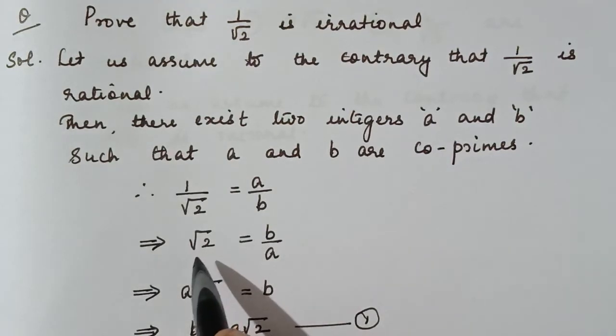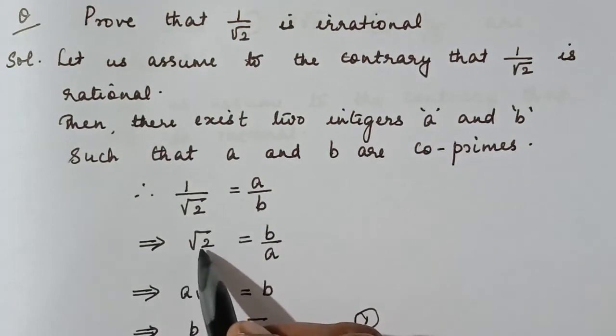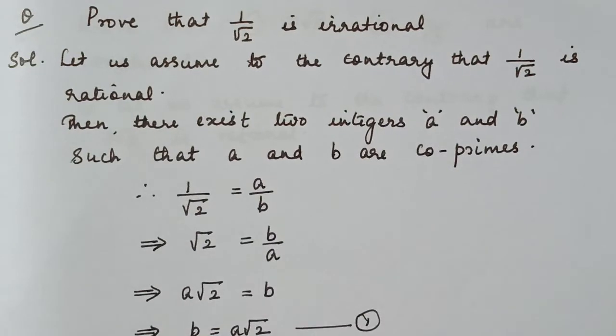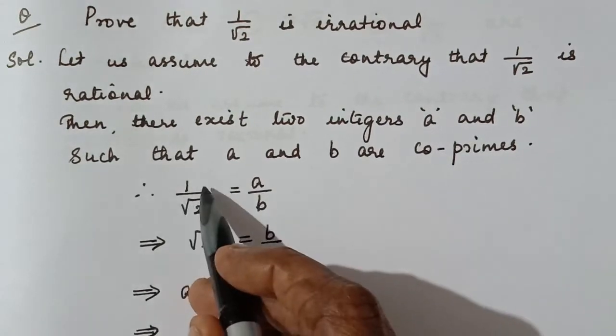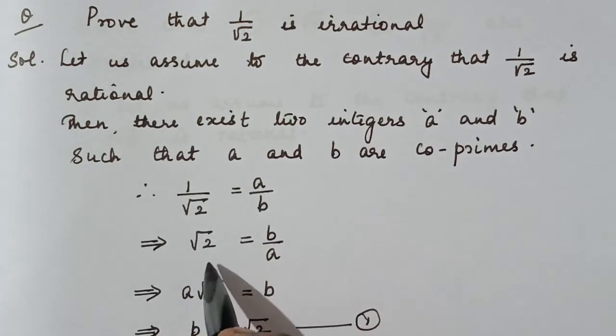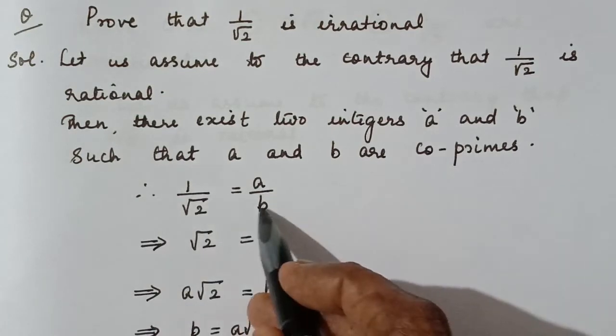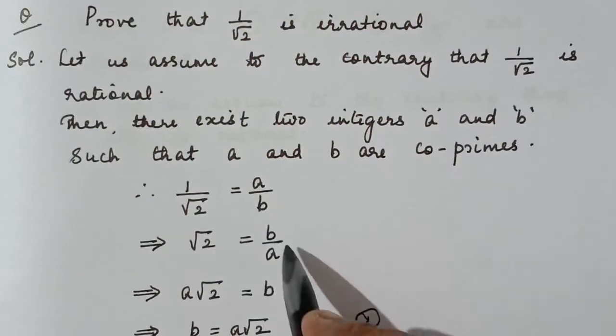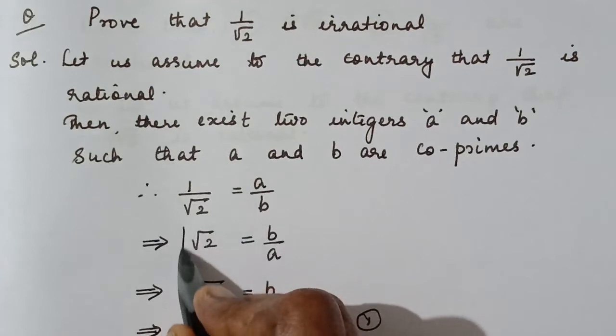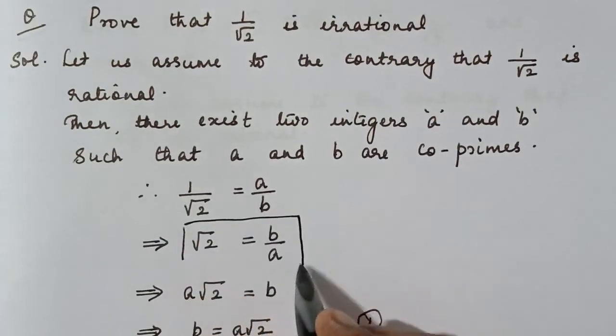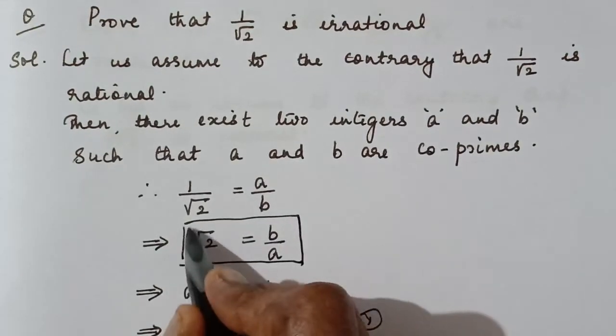After that, here what I did is I took the reciprocal of this. So 1 by root 2 can be written as root 2 by 1, that is root 2, which is equal to, here also we have to take, that is b by a. Actually this step you can avoid, it is not required.